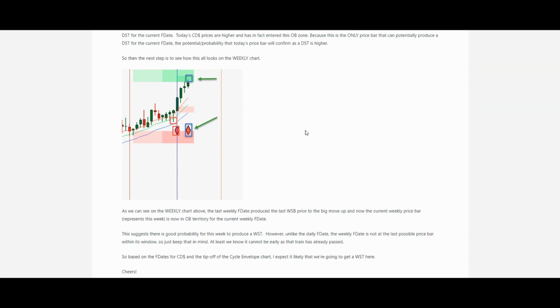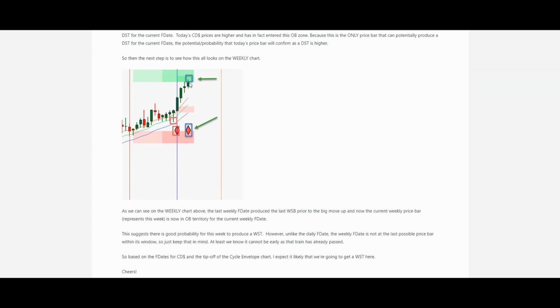Okay, it rotates. Anyway, with that said, it happened when expected here, and we can see these red squares here. That's where I put those in so that you can see what I'm indicating. And this here was the weekly swing bottom. Prices then shot up all the way to this week.